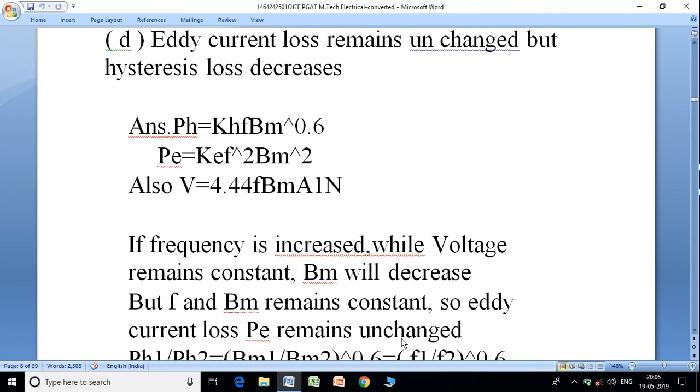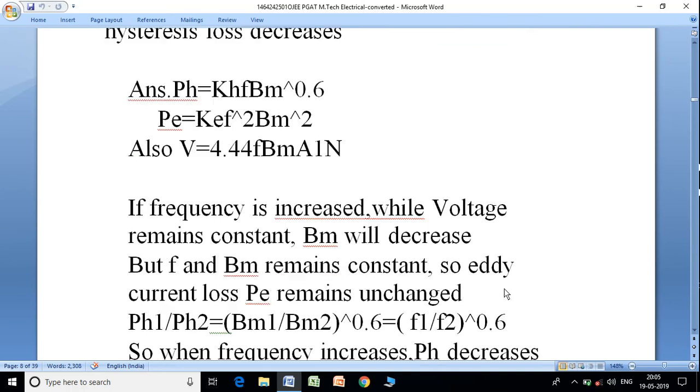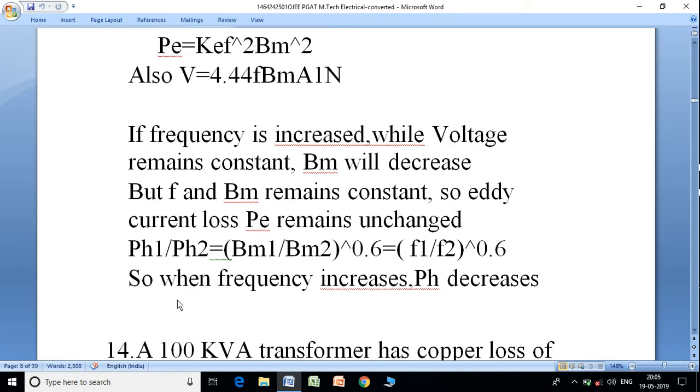So eddy current loss Pe remains unchanged.